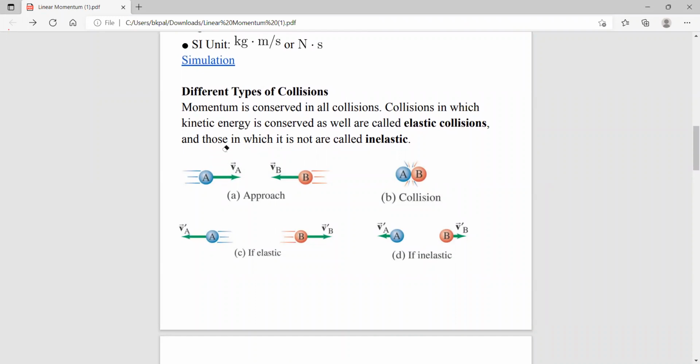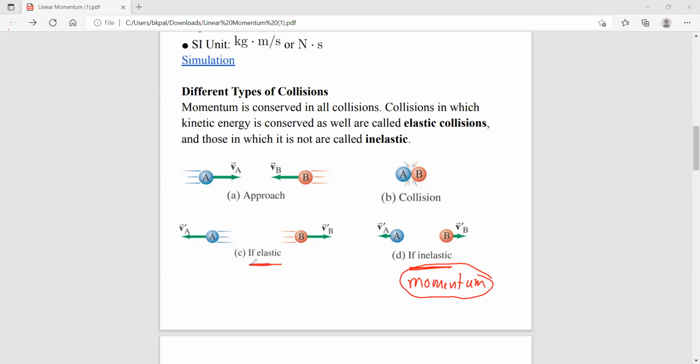Some collisions are called elastic collisions, and some we call inelastic collisions. So what are elastic and inelastic collisions? In inelastic collision, the only thing conserved is momentum.